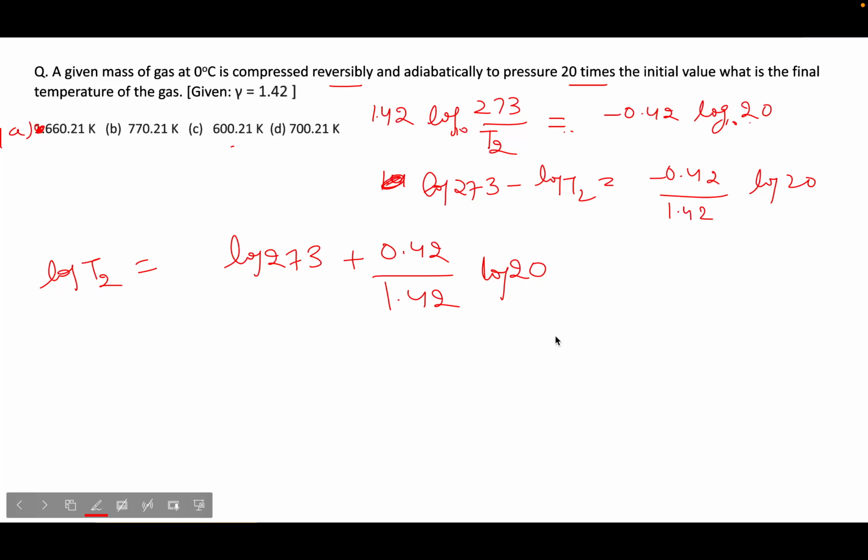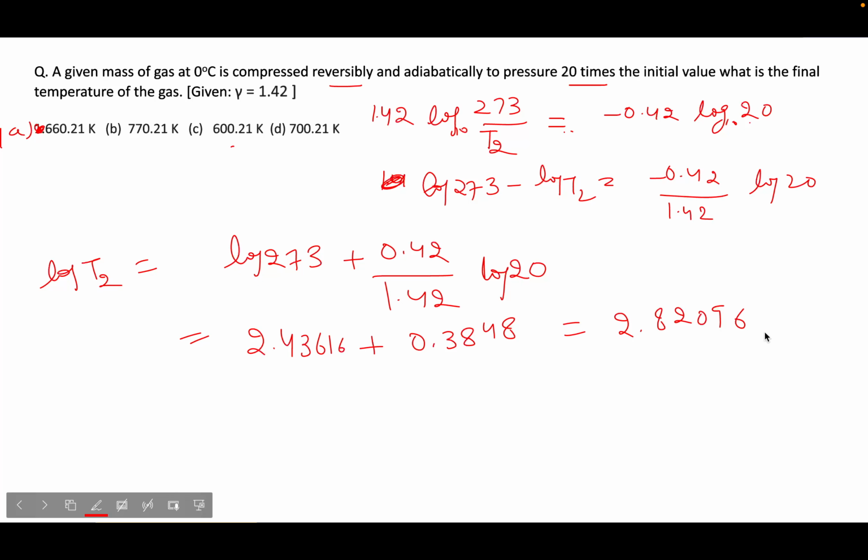Log 20 is 1.30, and log 20 is 1.3 into 0.42 divided by 1.42. So this whole quantity is 0.3848, and log 273 is 2.43616. So this is coming as 2.82096.